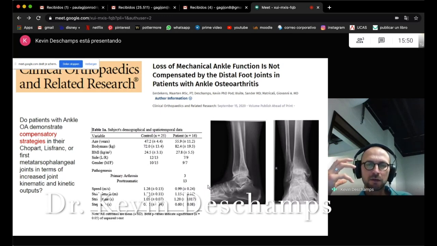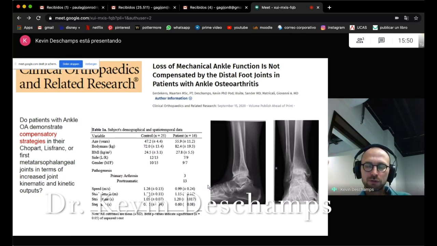We have always had the hypothesis that if patients have osteoarthritis in the ankle, for example, they will probably use some compensation strategies, for example in the midfoot, the forefoot or the toes, to compensate and maintain a physiological gait pattern. So this was one of our research questions in this paper.